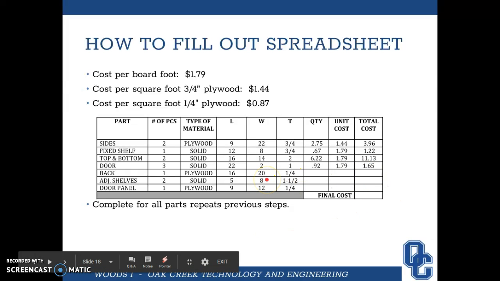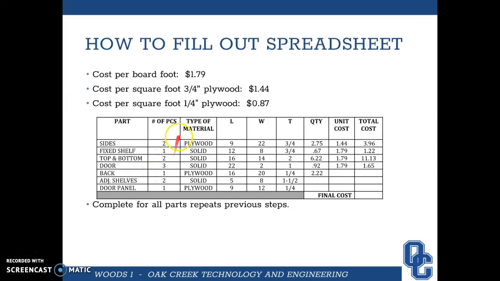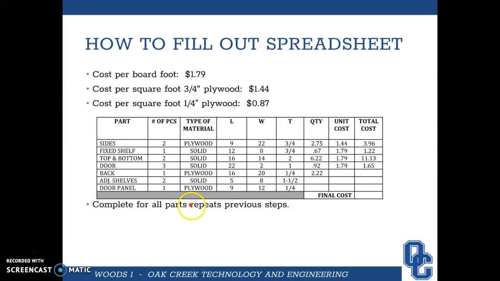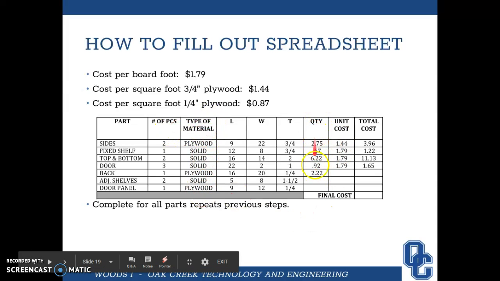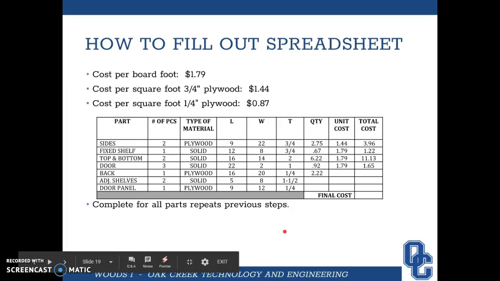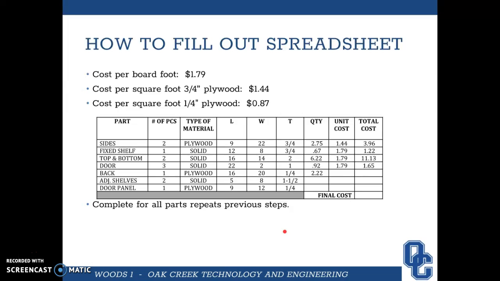The math will always add up. The main thing you want to do is pay attention over here to the number of pieces that you have, and also pay attention to what material it's made out of. Because if you don't have this or this correct, this is going to be messed up, this is going to be messed up, this is going to be messed up, okay? Really take your time with this stuff and make sure that everything is plugged in correctly.